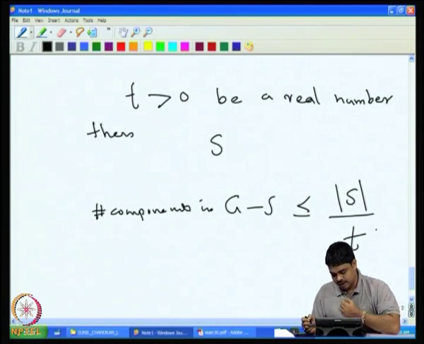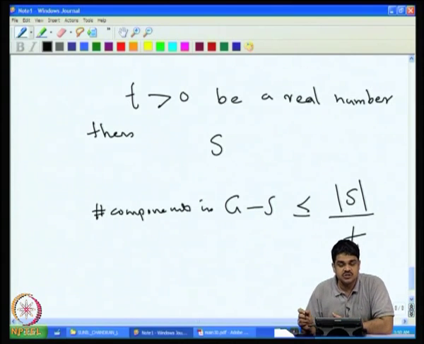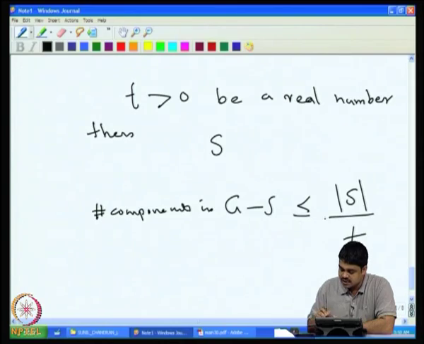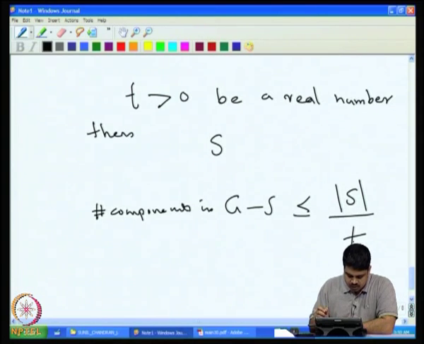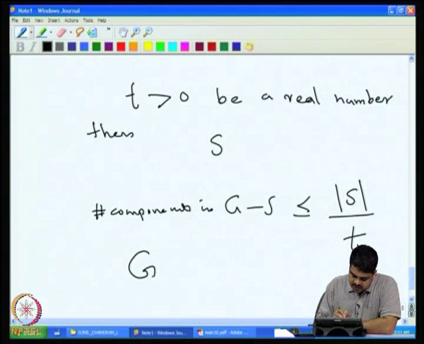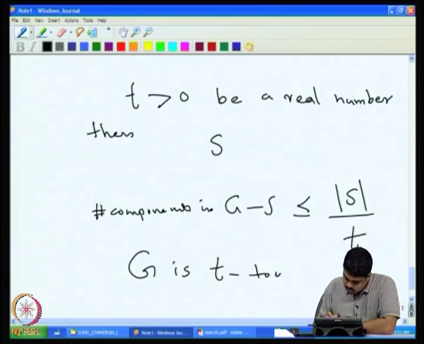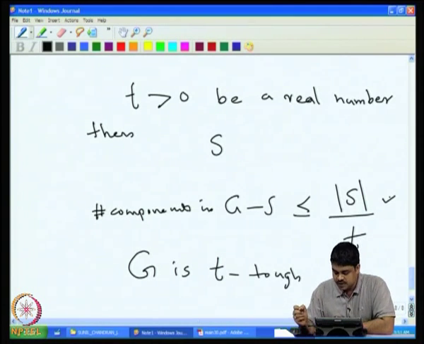For any S it should happen, right? Whichever collection of S vertices you remove, the number of components in G minus S has to be less than or equal to S by t. Then we will say that G is t-tough. Put t equal to 1, we get the original definition of tough. So, toughness means 1-toughness, right.